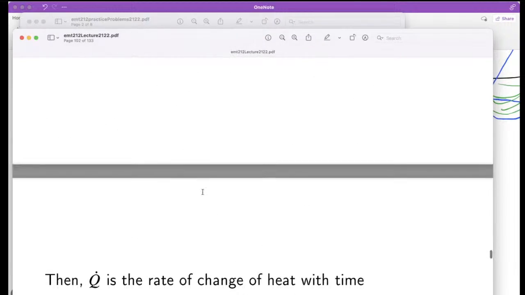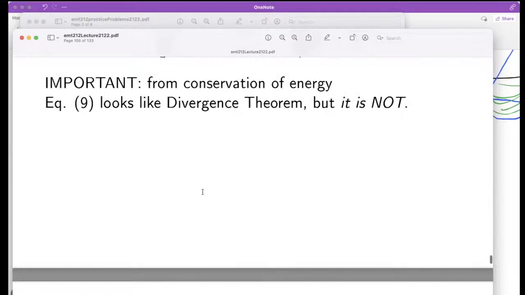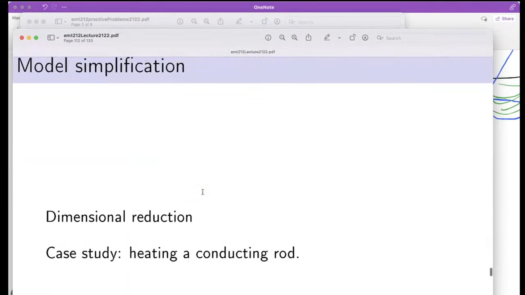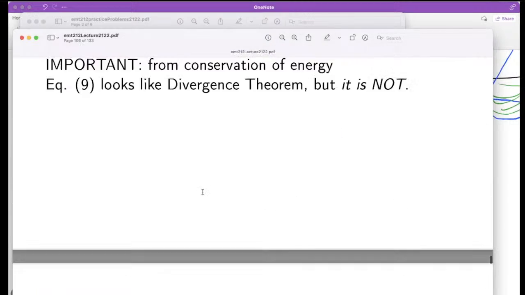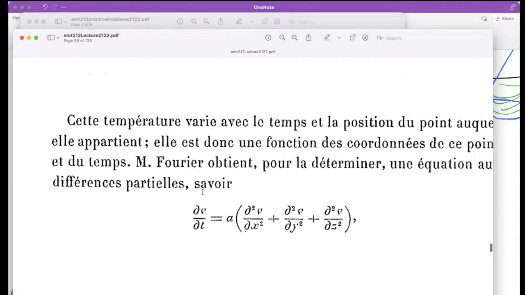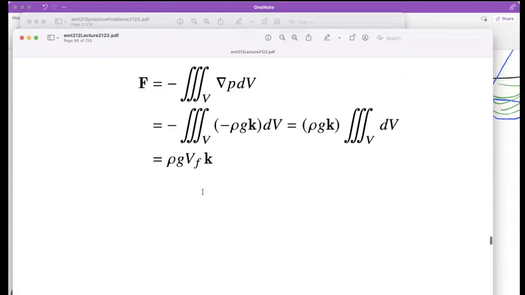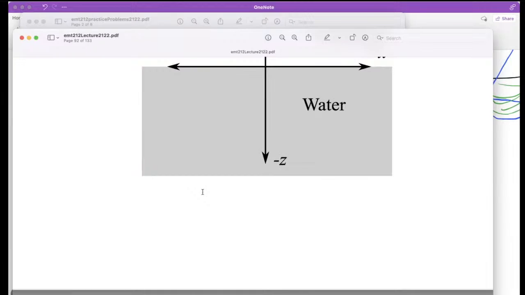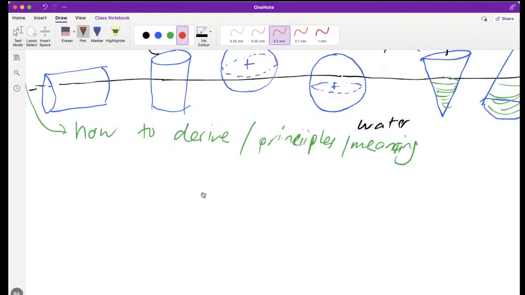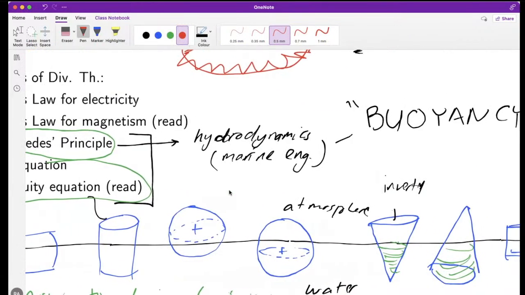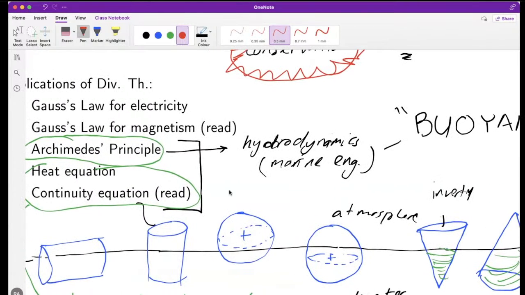It's in the video. This is modeling. Okay, fine. That's the main thing I wanted to give you as an overview of the divergence theorem. One last thing is something you want to be careful about in terms of understanding.